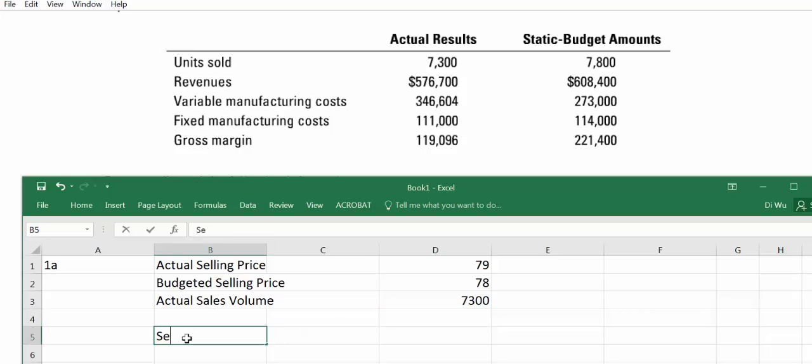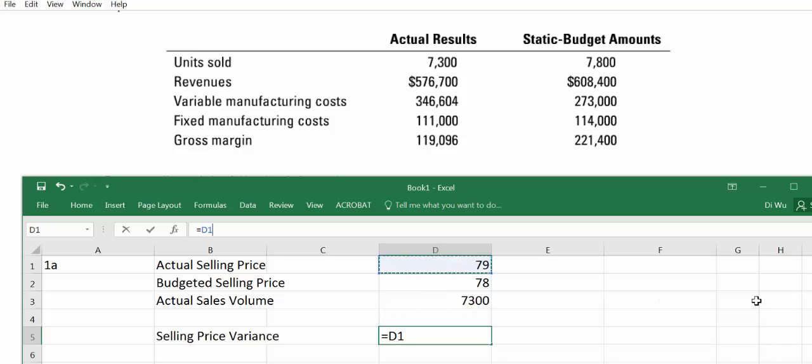Now the selling price variance is basically you multiply the actual selling price by the actual sales volume, then minus the budgeted selling price multiplied by the actual sales volume. The difference is 7,300 because the actual selling price is a lot higher.